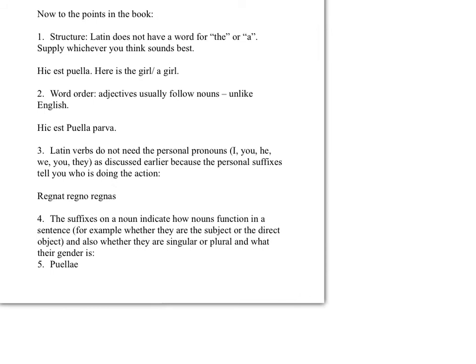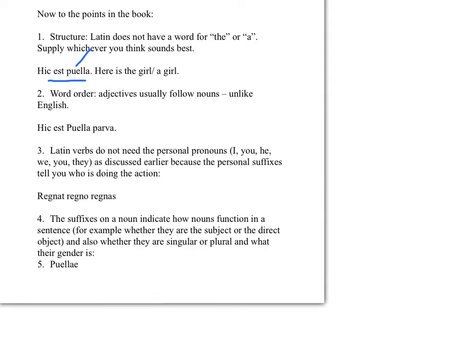The first point that the book makes, it calls structure. It says in Latin, there is not a word for the or a. You can supply whichever word you think sounds best. They give the example, hic est puella. That sentence can be translated as here, hic, est is, puella, girl.